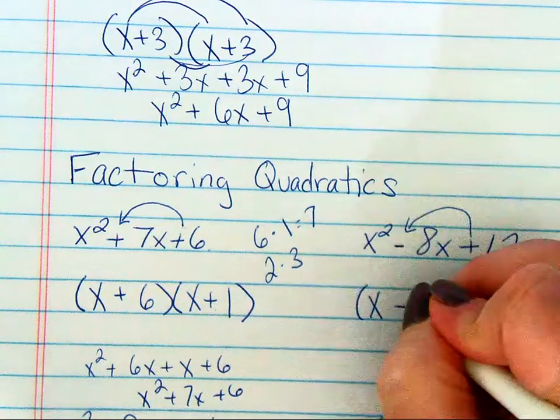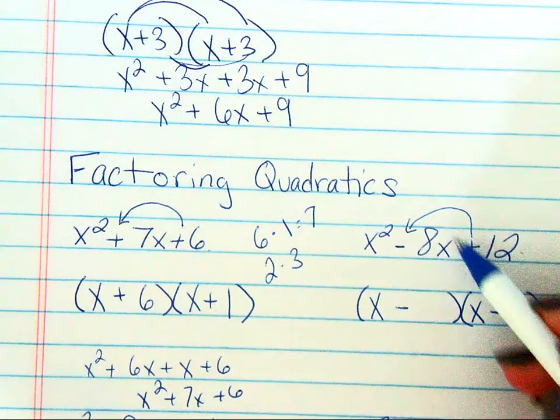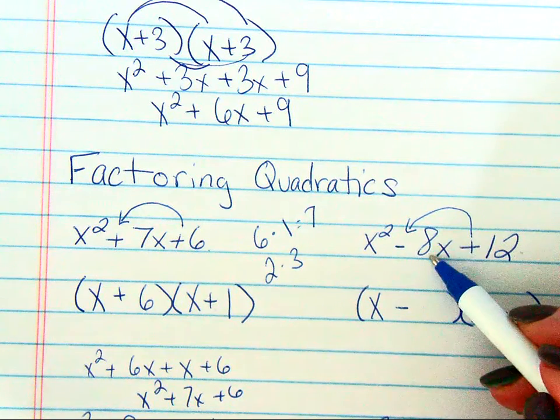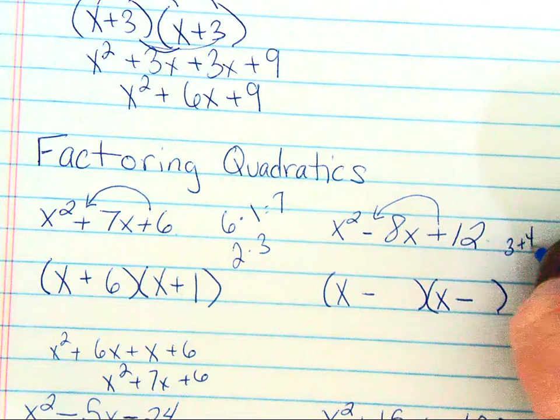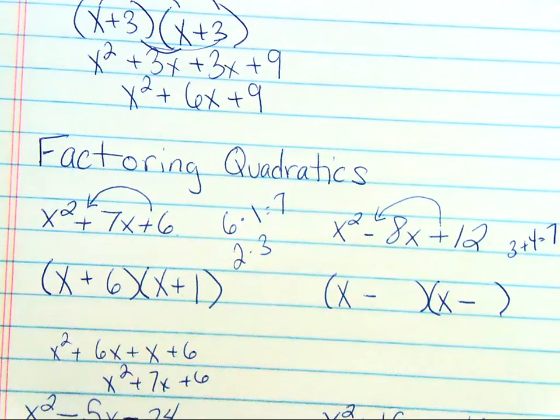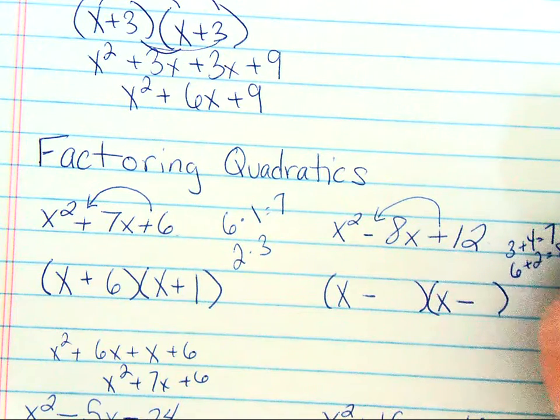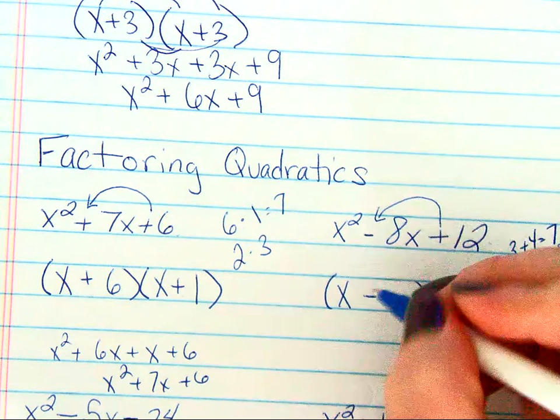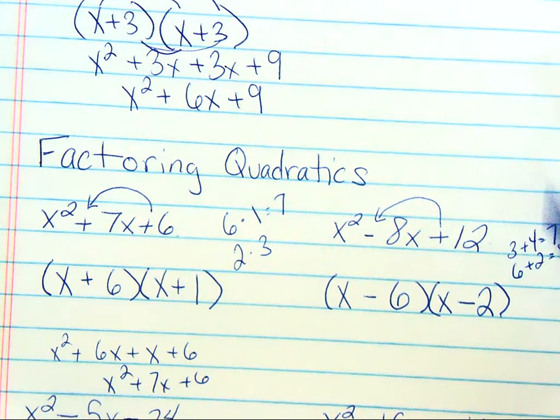And I think to myself, what are the factors of 12 that when I add them give me 8? Well, the factors of 12 that I can think of are 3 plus 4, and that's 7, so that doesn't work. 6 plus 2 gives me 8. So therefore my factors are going to be 6 and 2. And my trinomial gets factored into my binomial.